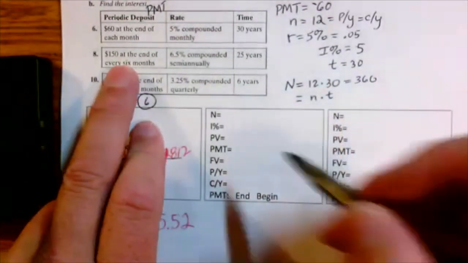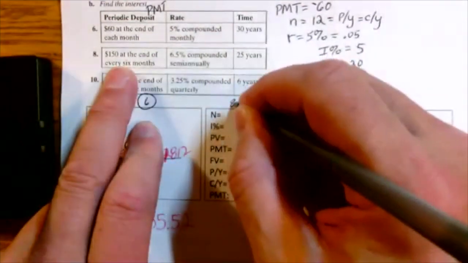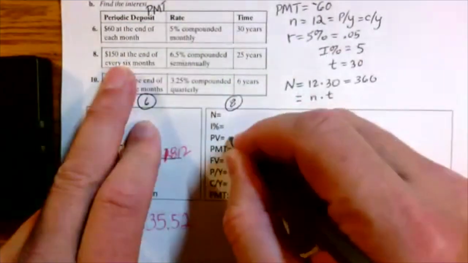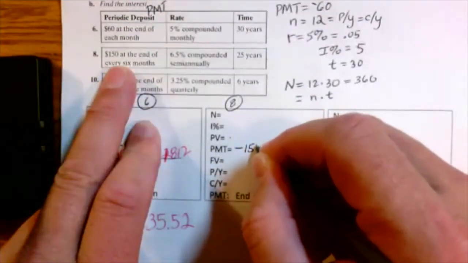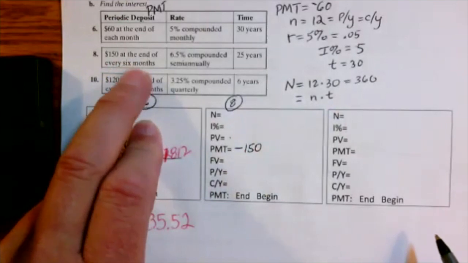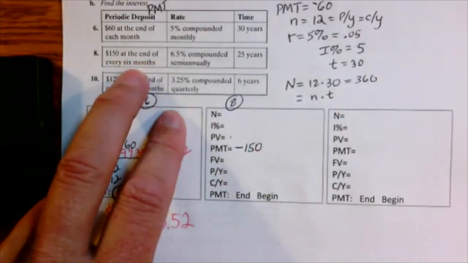And so for part 8, the payment is negative 150. 150 at the end of every 6 months. So every 6 months, we would have one payment after 6 months and then another payment after the next 6 months. So in a year, there's going to be 2 payments.